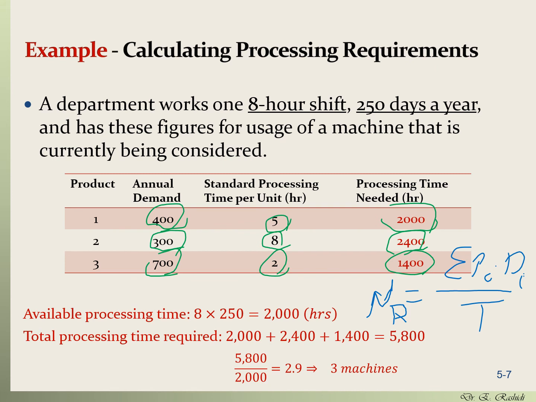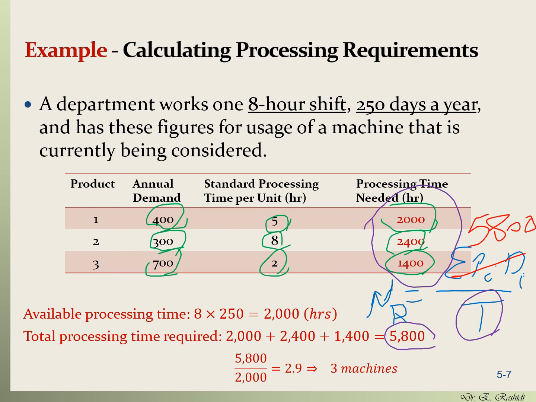Now we need to add these processing times up and then divide them by the time horizon. So let's compute the summation. The summation would be 5,800. I'm going to put it here.